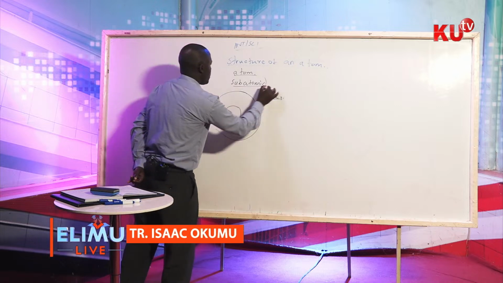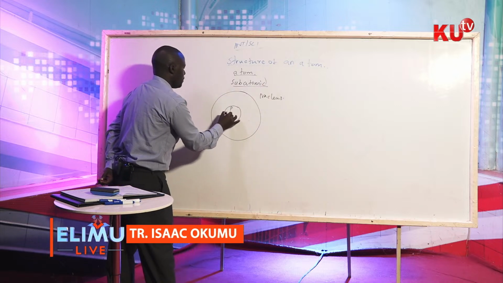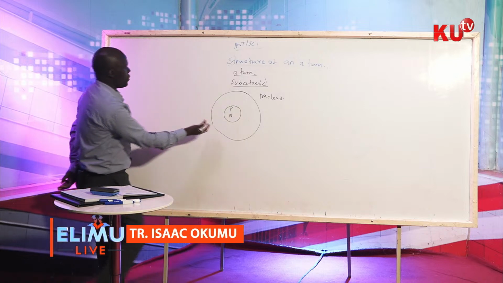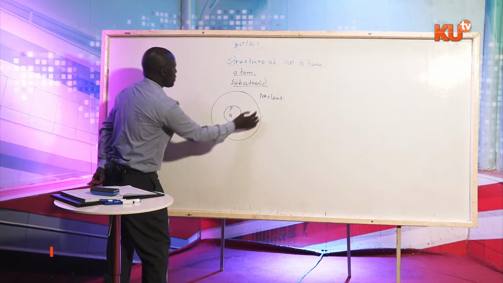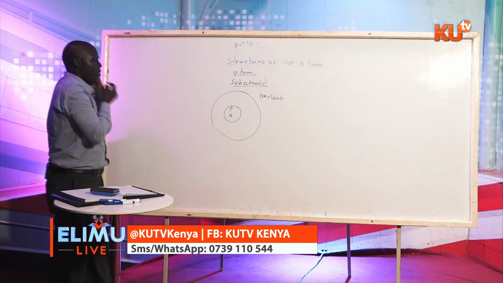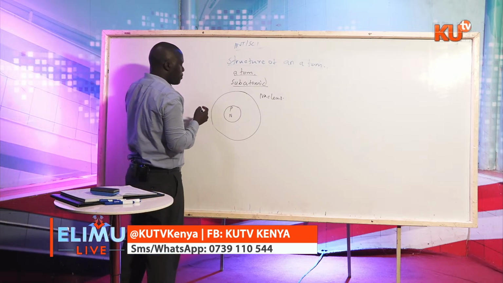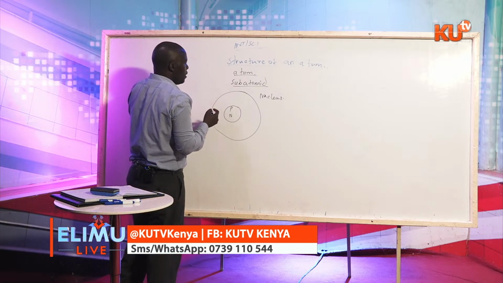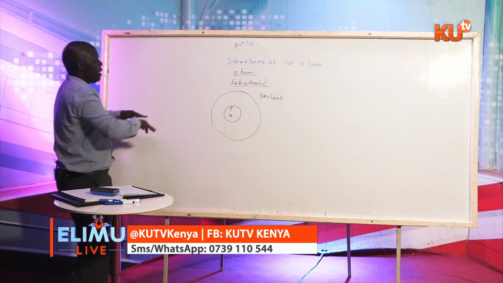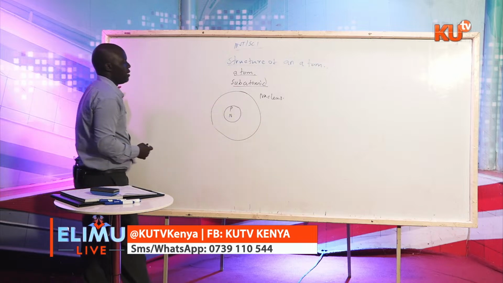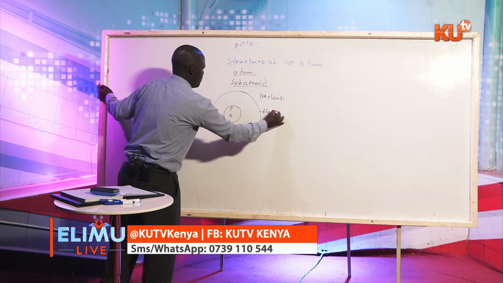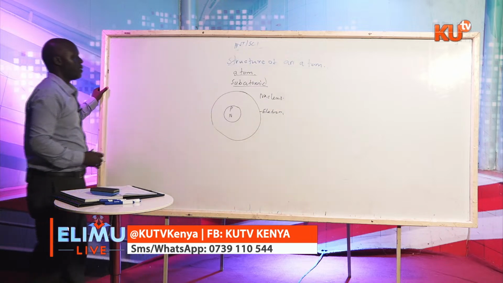The subatomic particles found in the nucleus are protons and neutrons. So the protons and neutrons are found in the nucleus of an atom, the inner region of an atom. Then we have the surrounding region, which surrounds the nucleus. The subatomic particle found there is called the electron.